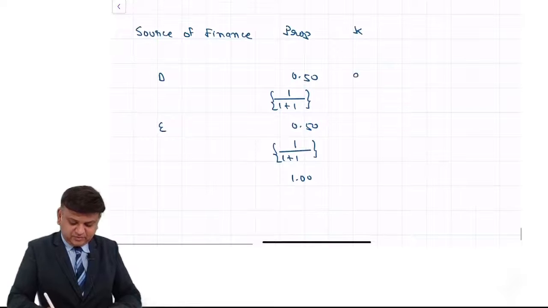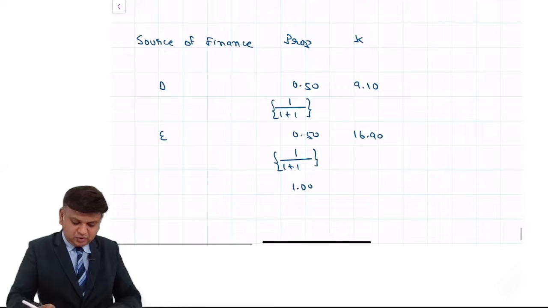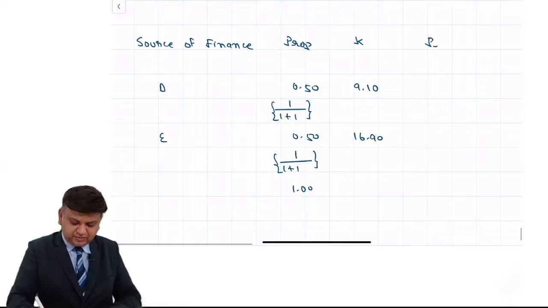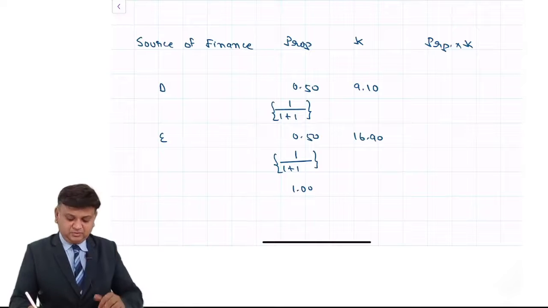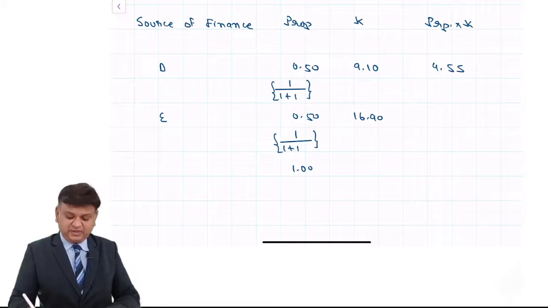So proportion into cost of capital. So use a calculator. 0.5 into 9.1, that comes to 4.55, and 0.5 into 16.9 is 8.45.